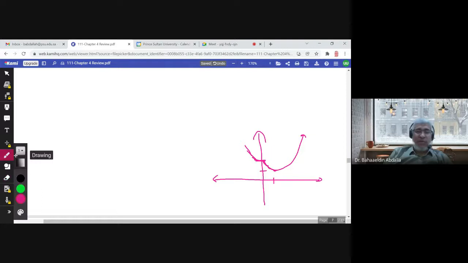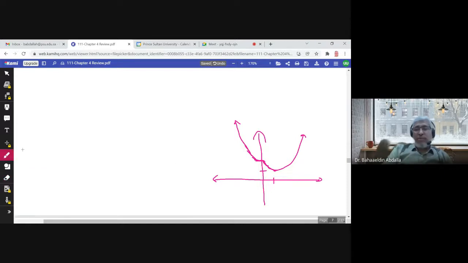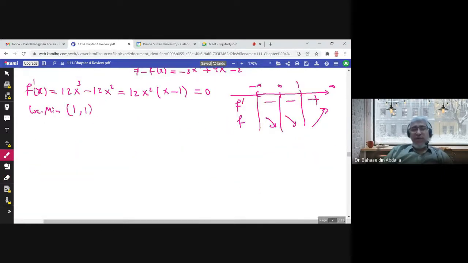The concavity will give us a clearer image about what happens here. All right. So let us find f double prime. 3 times 12, 36x squared minus 24x.